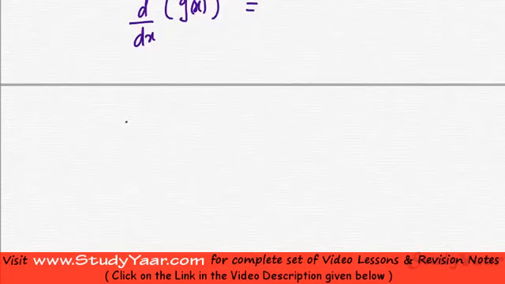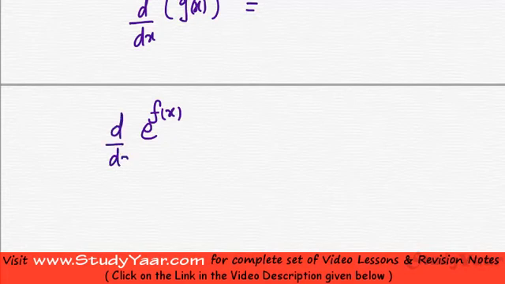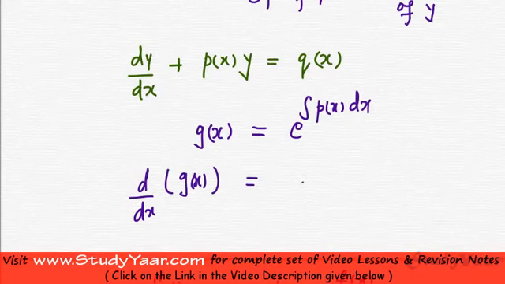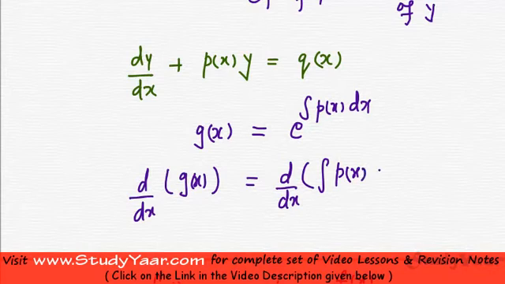If you have e raised to power f(x), then d/dx of e raised to power f(x) is going to be f'(x) times e raised to power f(x), right? So over here I am going to have d/dx of integral P(x) dx times e raised to power integral P(x) dx.